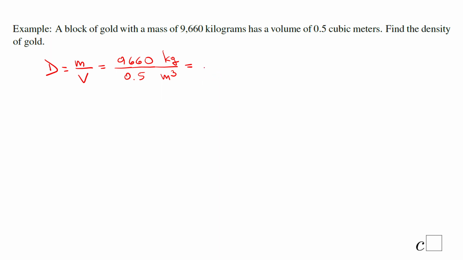And that will be 19,320 kilograms per cubic meter. Okay, if you go back to my previous slide, you're going to see the density is pretty close to what I said. In this case, you notice we have the mass and the volume given, we can find the density. That is the idea of this problem.